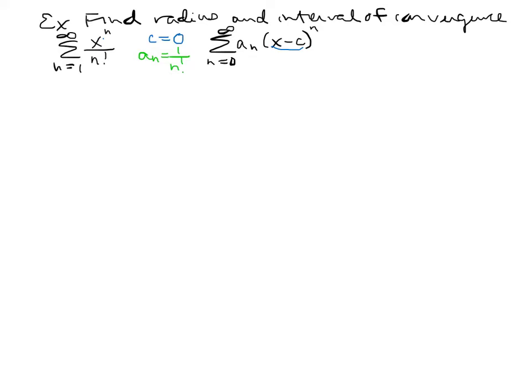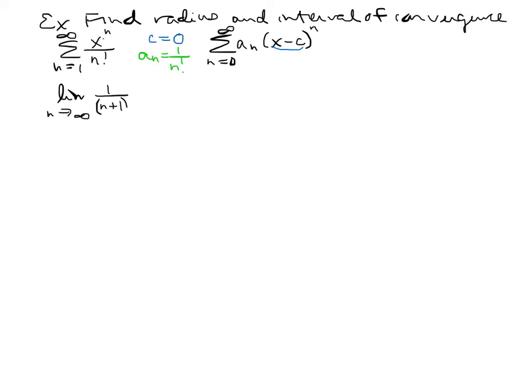All right. That a sub n is important because when we do the ratio test, we only use the a sub n. So we're going to take the limit as n approaches infinity of, we plug in n plus 1. Sorry, I'm going to erase that and make that bigger because I'm going to flip and multiply by the reciprocal.